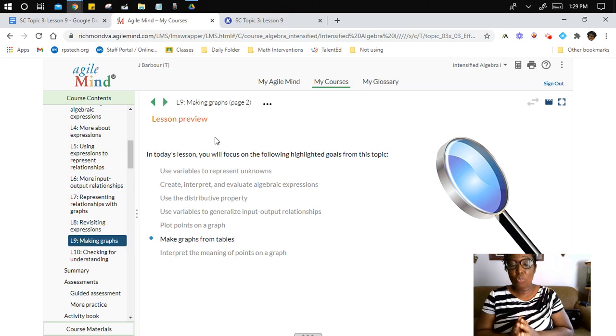In today's lesson, you will focus on the following highlighted goal from this topic: make graphs from tables. Last time we met, we talked about input and output values. This time, you're going to make a graph based on the table. So you need an input value and you need an output value.